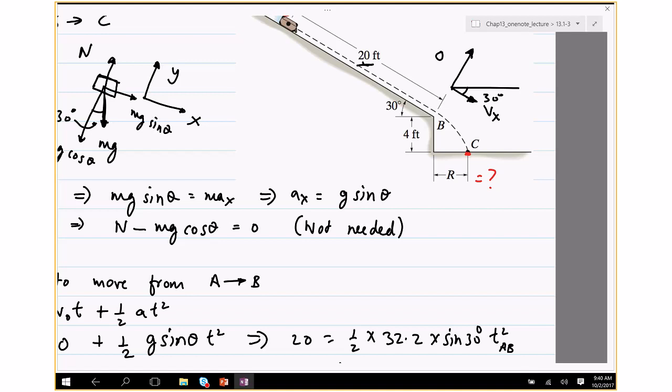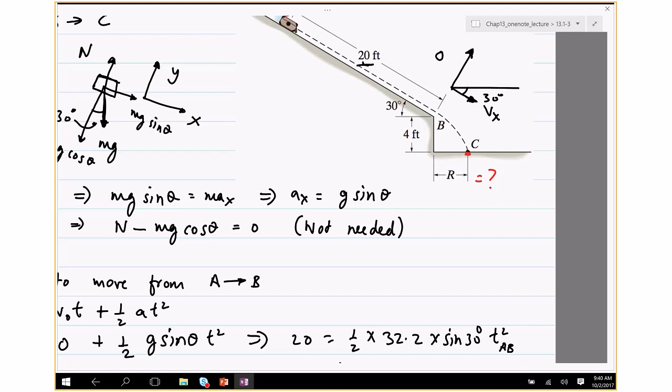So the velocity in the horizontal direction is going to be Vx cosine of 30, and the vertical velocity is going to be Vx sine of 30, right? So don't get confused with the fact that I wrote Vx there. That Vx comes from the previous part, where x was along the inclined plane. So to find the time, how can I find the time from B to C?